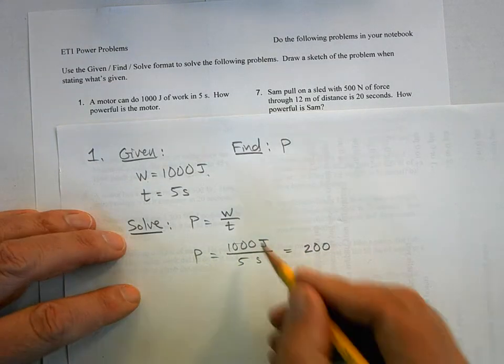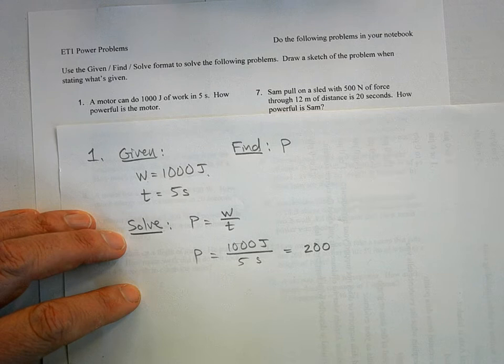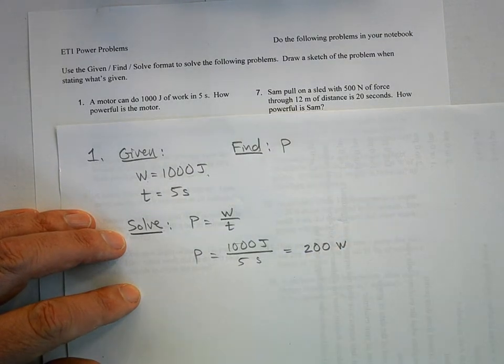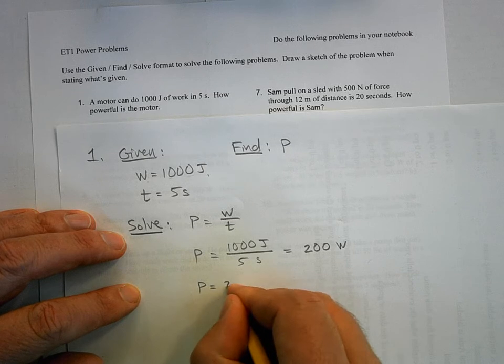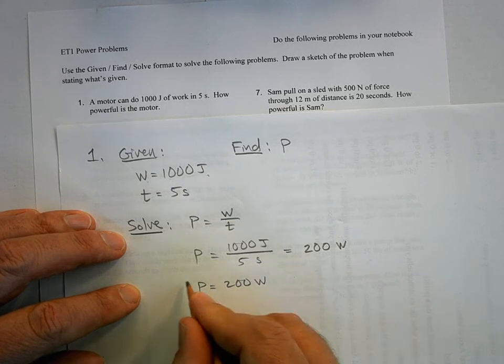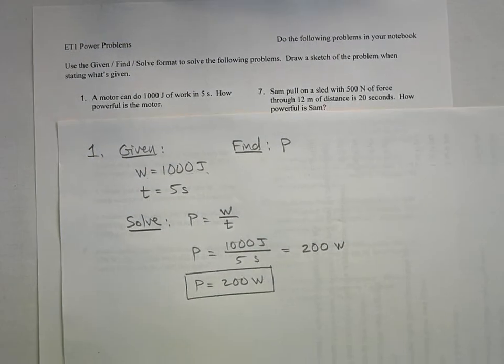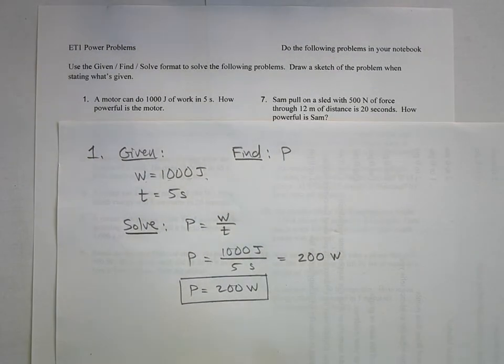What is a joule per second? It's a watt. So P equals 200 watts. So this is a very simple problem. There will be problems where you need to do a little bit more work than this.